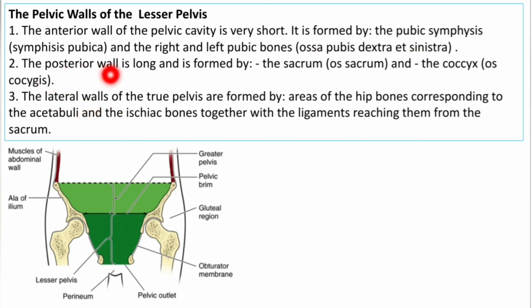The posterior wall is long and is formed by the sacrum, os sacrum, and the coccyx, os coccygeus, and the lateral walls of the true pelvis are formed by areas of the hip bones corresponding to the acetabuli, that's the acetabulum, in plural acetabuli, and the ischial bones together with the ligaments reaching them from the sacrum.